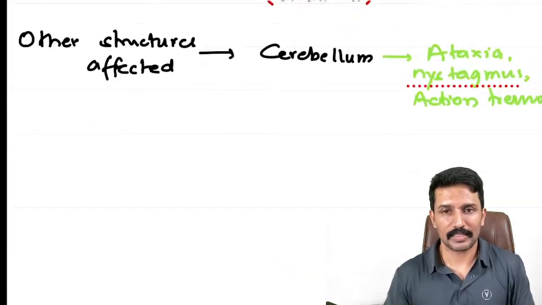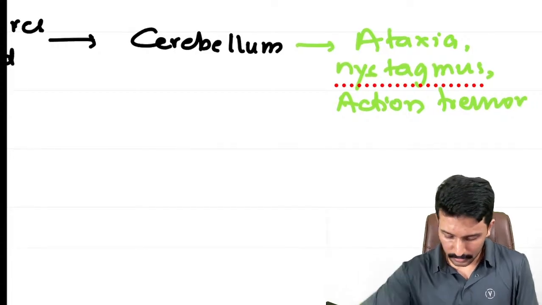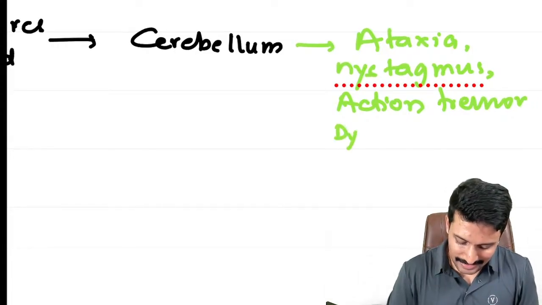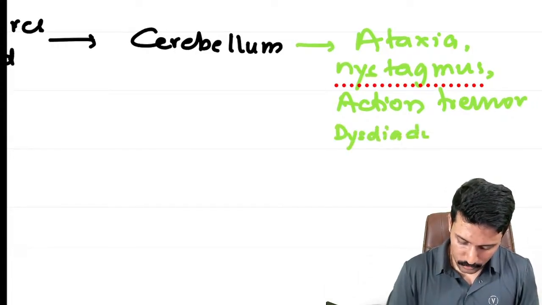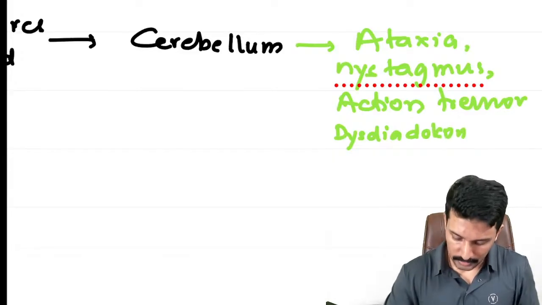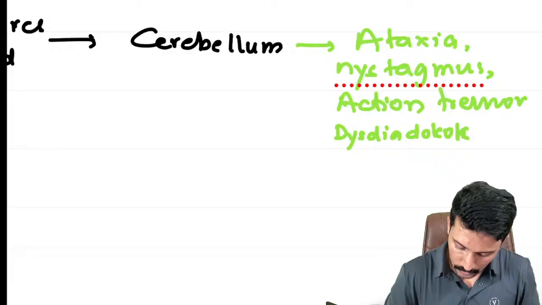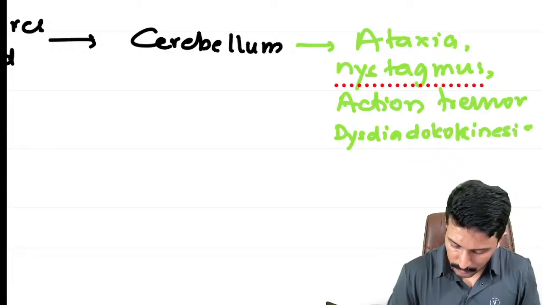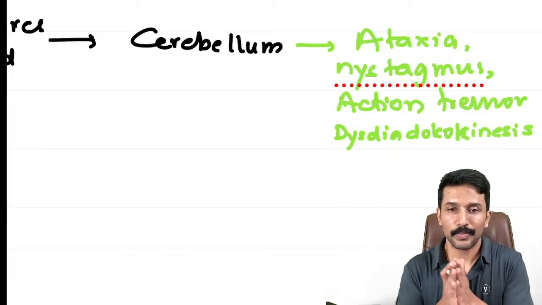Okay, so there is a long list of symptoms we can get: ataxia, nystagmus, action tremor. Other than that, you can also have dysdiadochokinesis. What do I mean by that? Inability to do rapid alternating movements. Dysdiadochokinesis. So these are symptoms we can get because of involvement of the cerebellum.